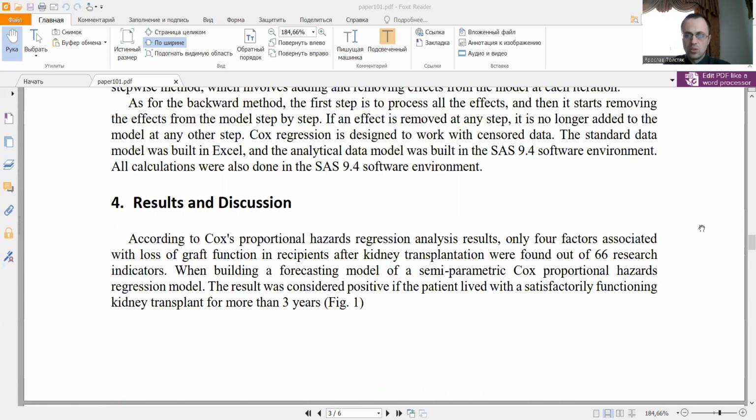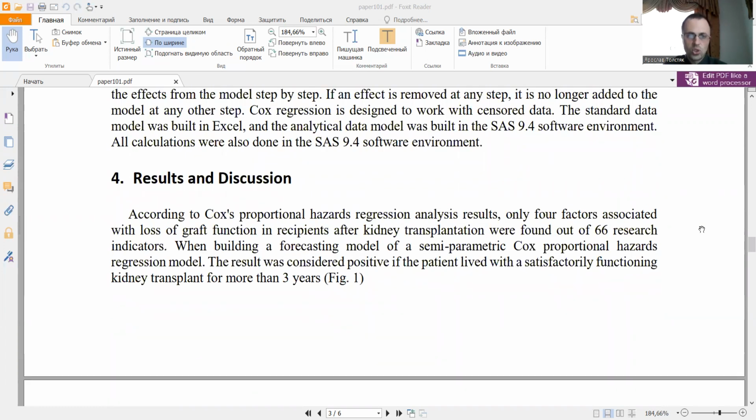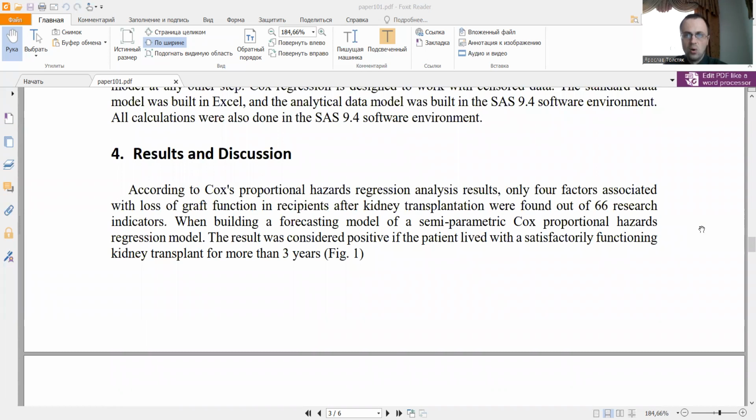According to the results and discussion, Cox Proportional-Hazards regression analysis resulted in only four factors associated with loss of graft function in recipients after kidney transplantation, found among the 16 research indicators when building a cascading model in the semi-parametric Cox Proportional-Hazards regression model. The result was considered positive in patients with satisfactory function of the kidney transplant for more than 3 years.